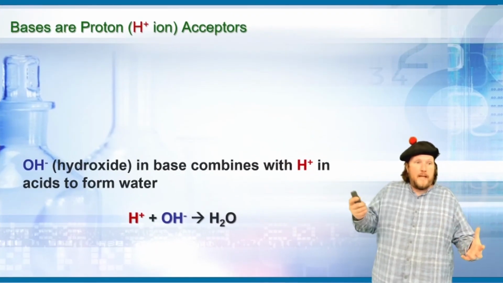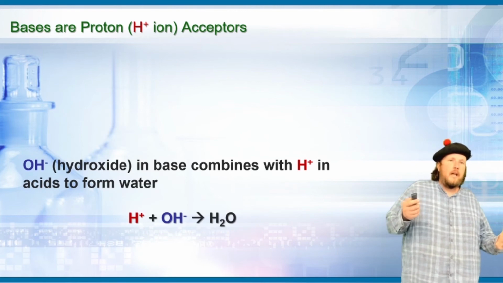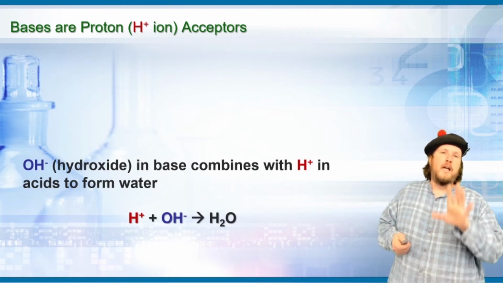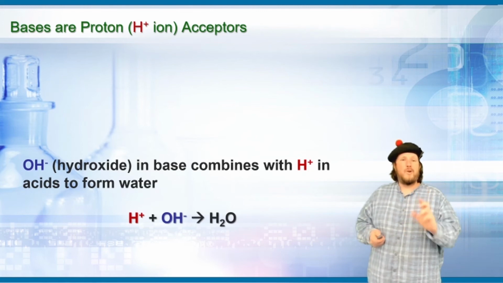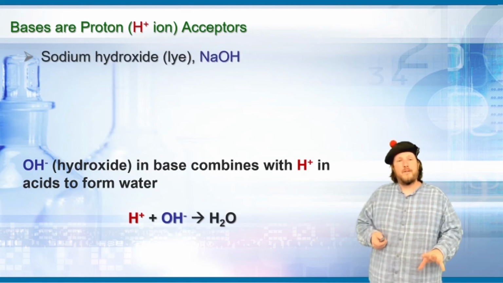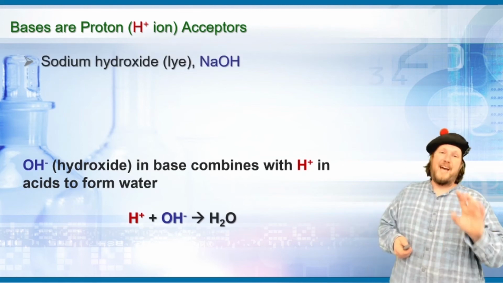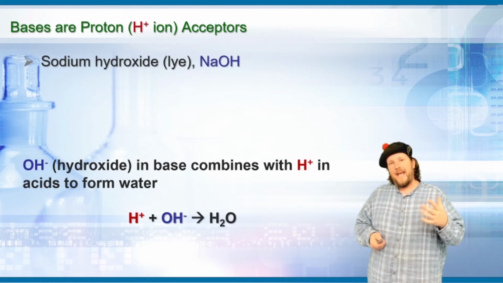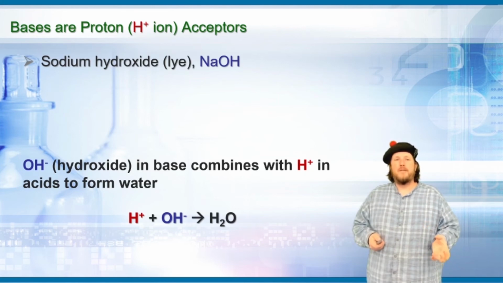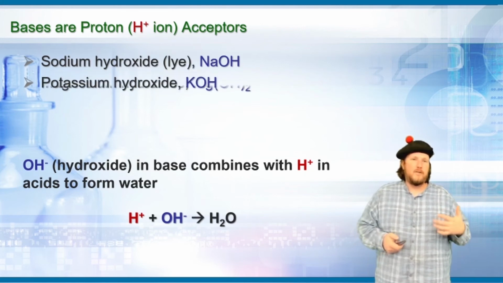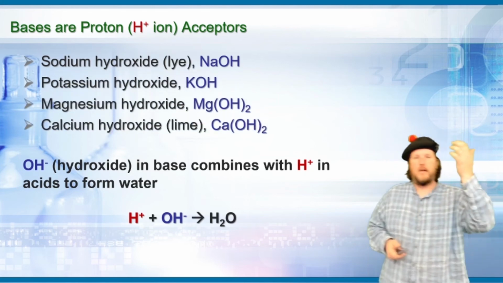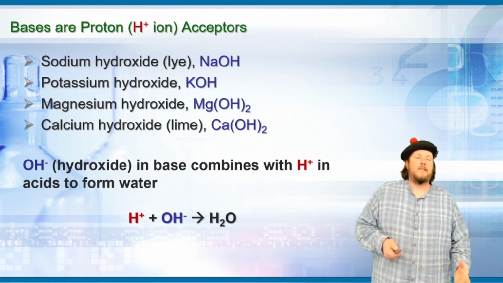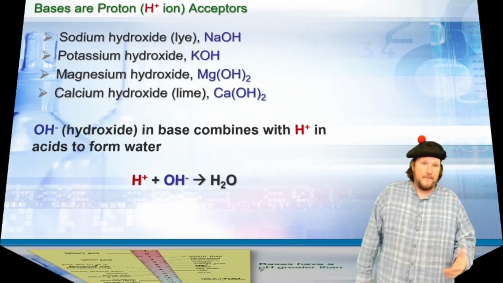And on to bases. A base is a proton acceptor. The most common strong bases are proton acceptors because they have a hydroxide group, OH, which combines with H plus to form water. Sodium hydroxide, potassium hydroxide, magnesium hydroxide, and calcium hydroxide are all strong bases because they contain hydroxide.